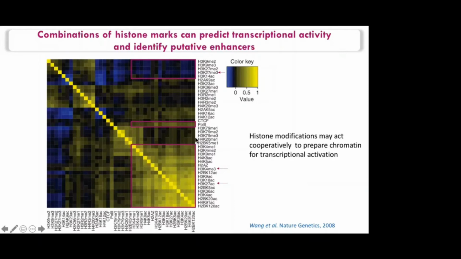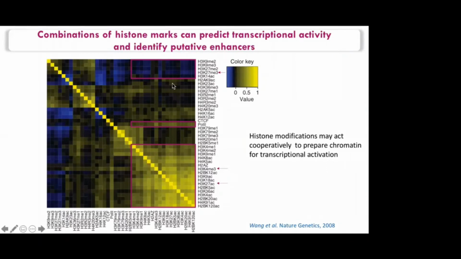And all of these are active genes as seen by the Pol2 occupancy. So what it says is that these histone modifications, particularly the acetylation and some of the K4 trimethylation marks, are co-localizing and working in a cooperative fashion to prepare chromatin. It's not just one single modification that drives histone activation. It's always a cooperativity between different histone modifications.